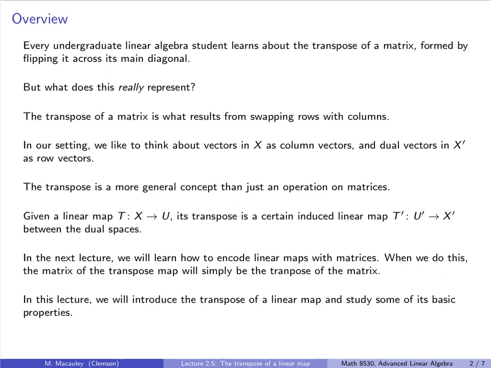If you haven't already, I strongly recommend that you watch the lecture directly before this, that is lecture 2.4, the 4 subspaces. It may be a little bit out of place because we haven't seen in this class how to define a matrix from a linear map, and the previous lecture is all about matrices and certain subspaces, namely the column space, the row space, the null space, and the left null space.